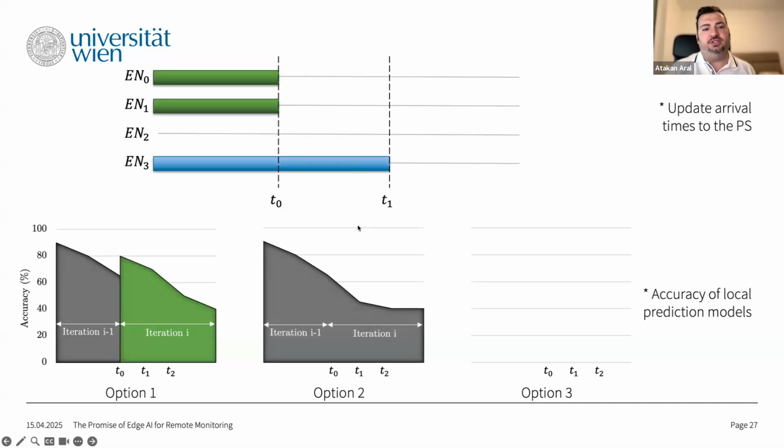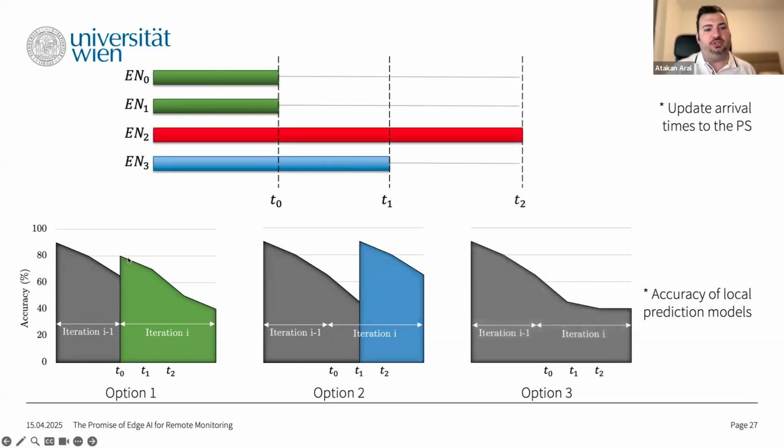Another alternative is to wait for time t1, when hopefully another edge node's data will arrive. We don't know which one will arrive, and we don't know how informative this data will be. But if we wait enough, we will get one update. And then maybe with more data from 3 nodes instead of 2, our model will be more accurate compared to the green one here.